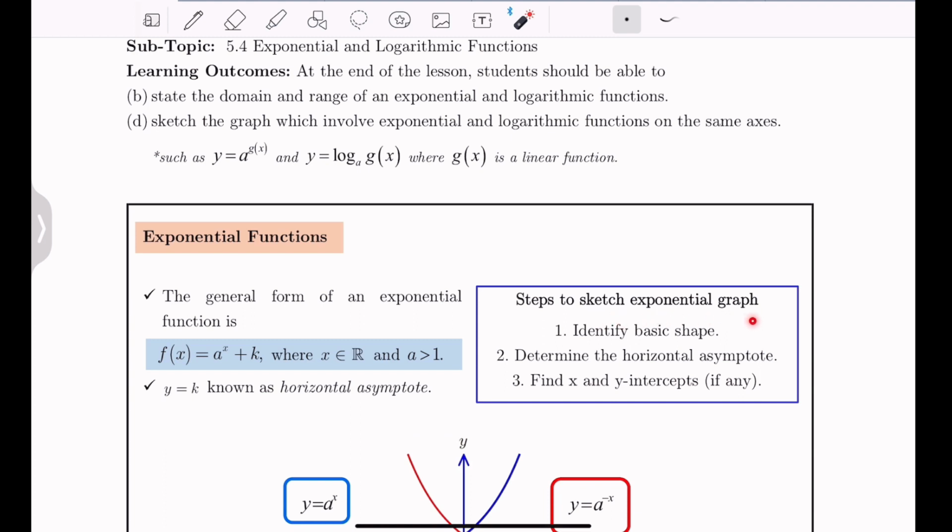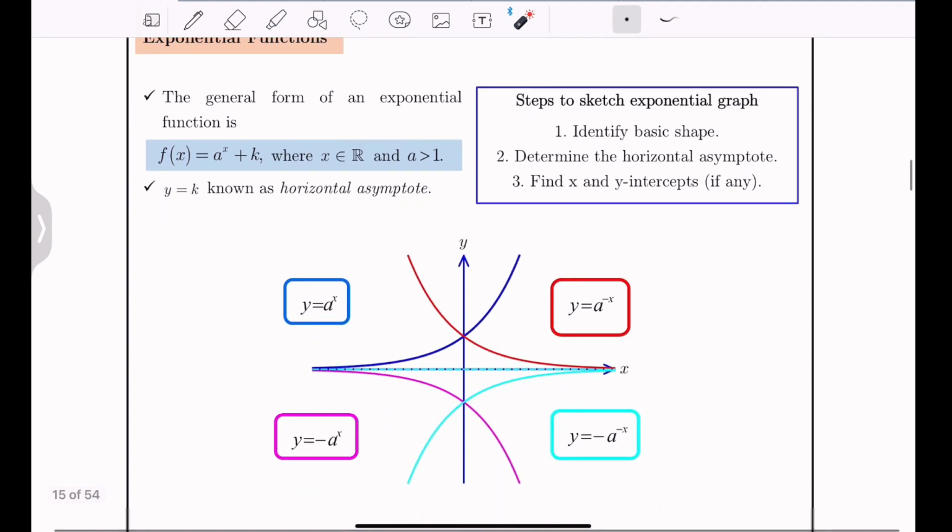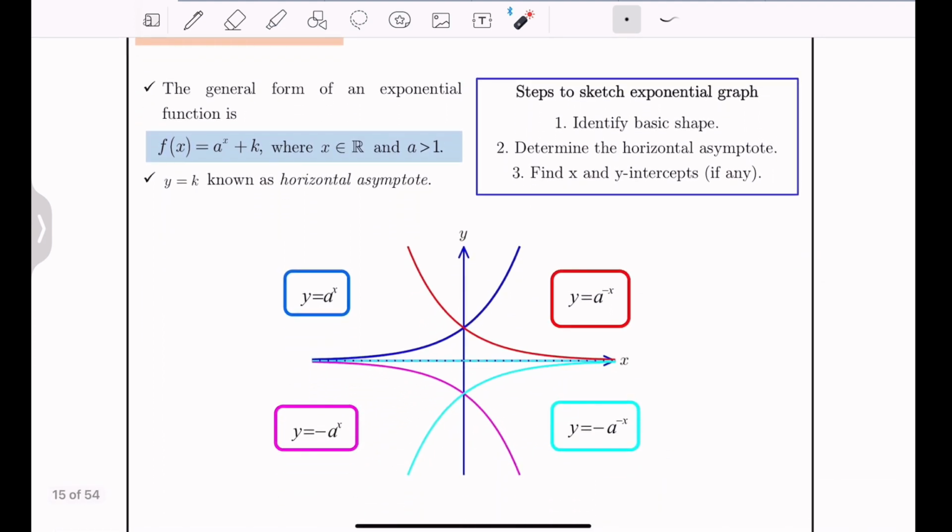To sketch an exponential graph, first we have to identify the basic shape. So there are 4 basic shapes. If we have y equals positive a to the positive x, as x approaches negative infinity, our graph will approach the horizontal asymptote. And as x approaches positive infinity, the graph will increase without bound.